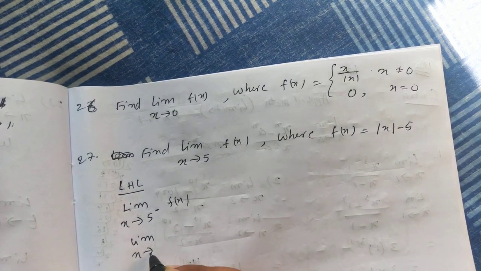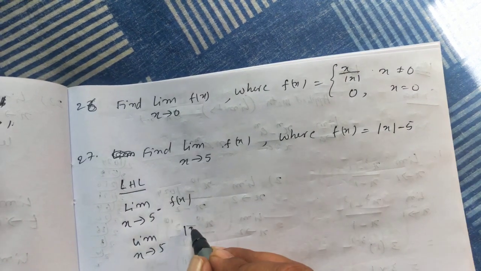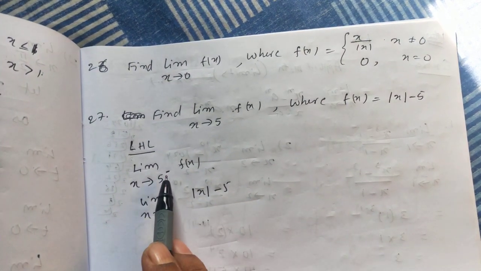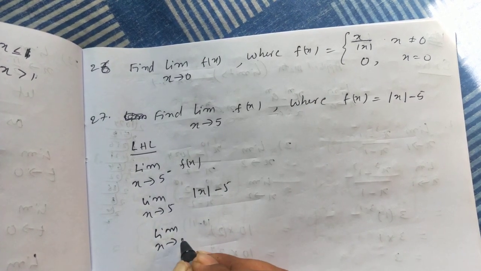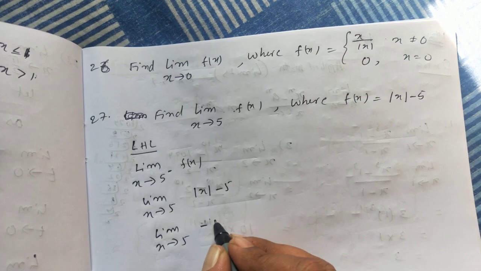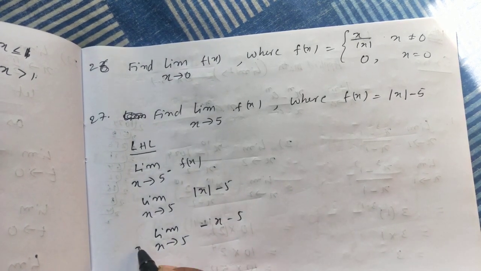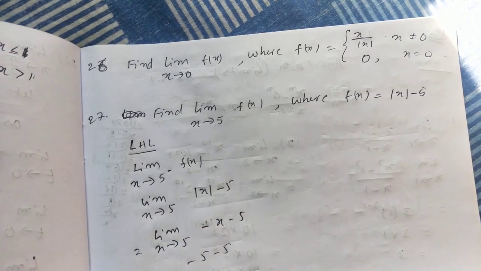Limit x tends to 5. Since it is a negative limit, first I'll write this. Negative part means I'll use minus x. So put the value, minus 5 minus 10.